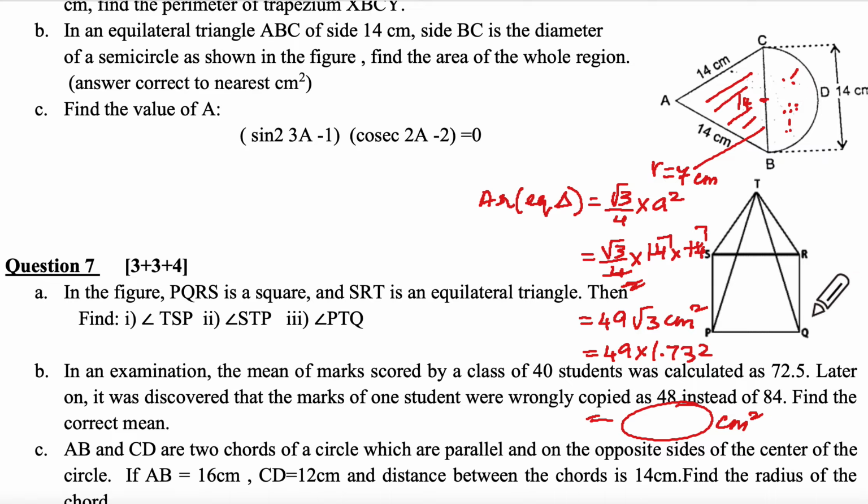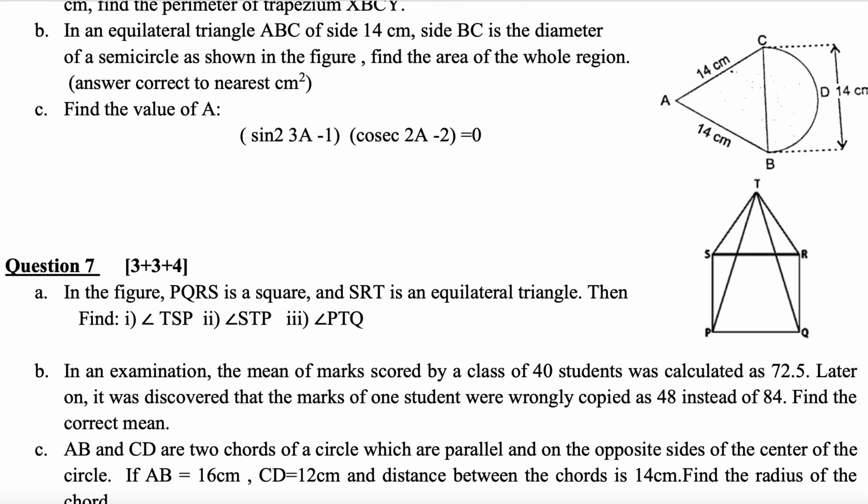Okay, will you get a whole number? I think so. Pi r square, how much does it come to? 22/7 into 14 into 14. Yeah, it will be a whole number only, correct? Yeah, then you add the two. Understanding?